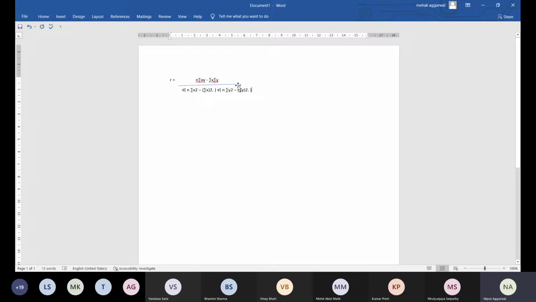Fine. So that becomes the formula for the Karl-Pearson's coefficient of correlation.